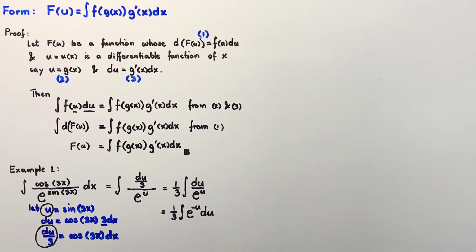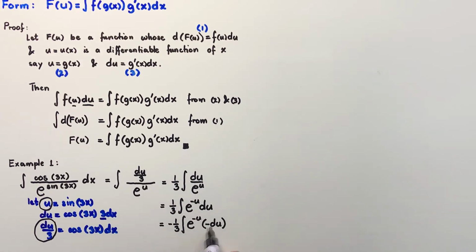So what you will do is just add a negative here, but neutralize it outside the integral symbol by another negative sign. So this is negative 1/3 of the integral of e to the power negative u times negative du, because we know that the negative of the negative is positive.